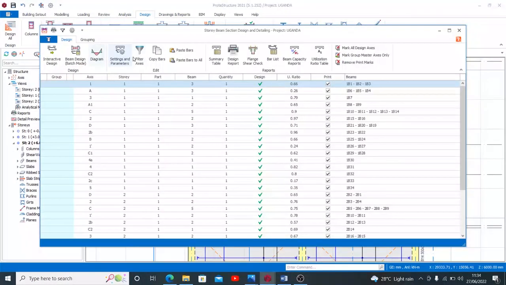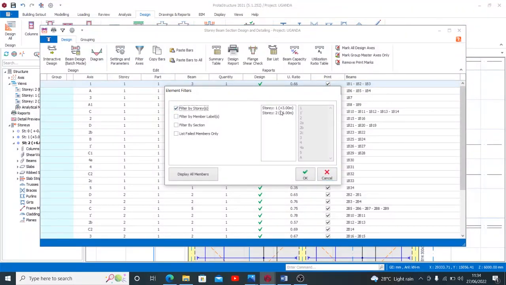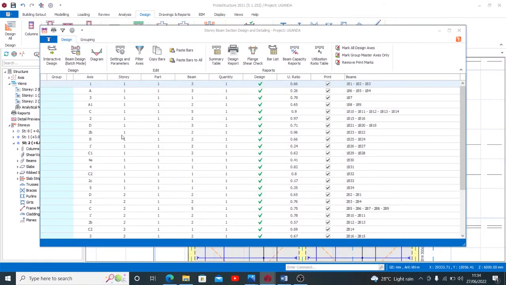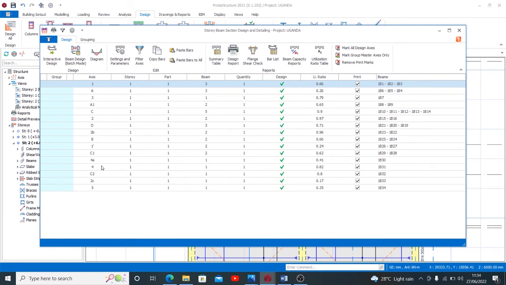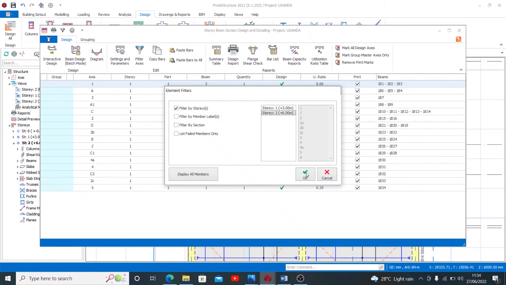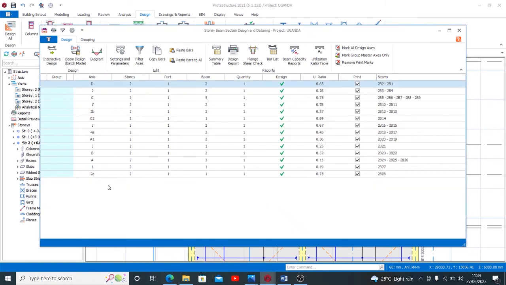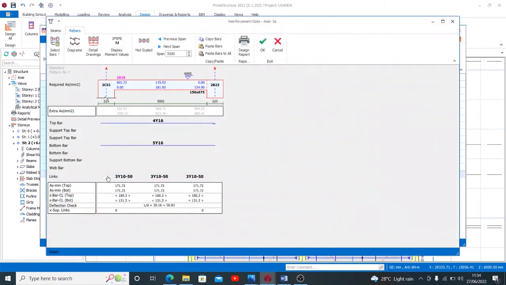That beam is on story 2 and grid line 2A. This beam demands 5Y16 bottom bars and 4Y16 top bars, right?